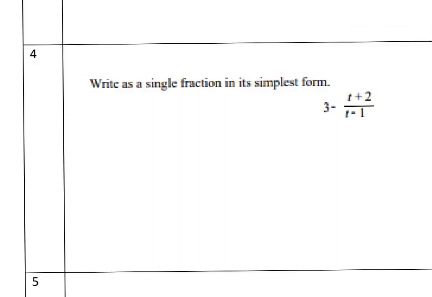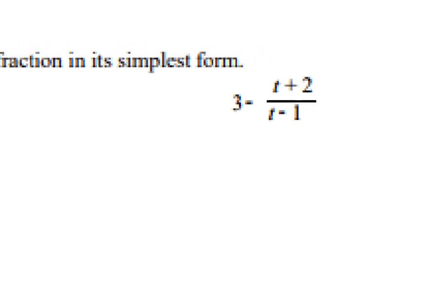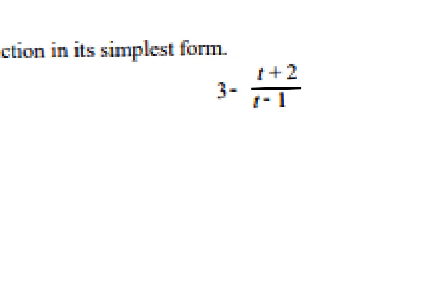Number 4, write as a single fraction in its simplest form. To write as a single fraction, you can rewrite this as 3 over 1 minus t plus 2 over t minus 1.